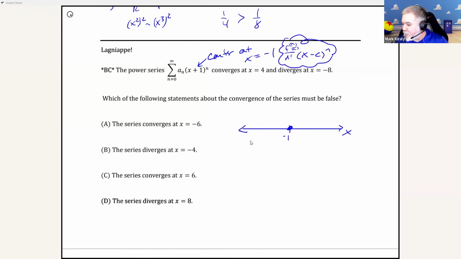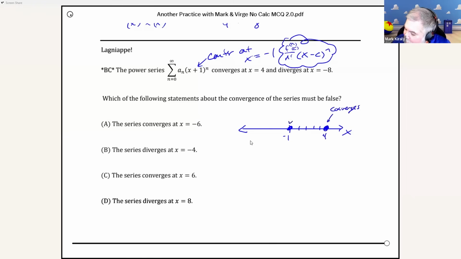So we know that c is -1. And then I know that it converges at 4. So I'm going to go out 5 points away, right? It converges at 4. So that point is good. Of course, it converges at the center, always converges at the center.